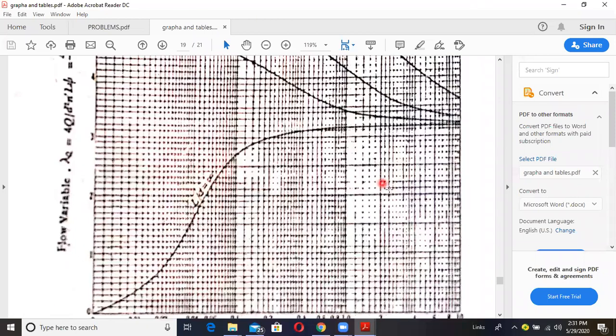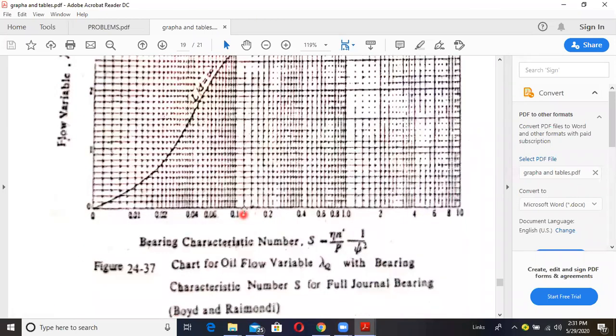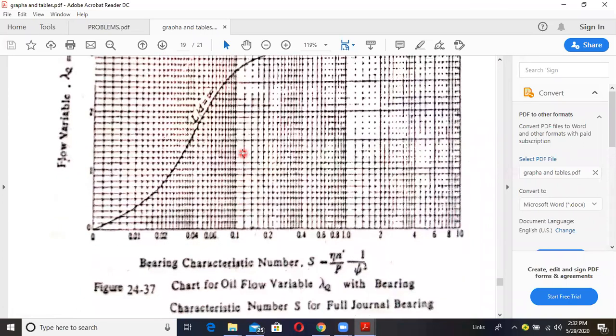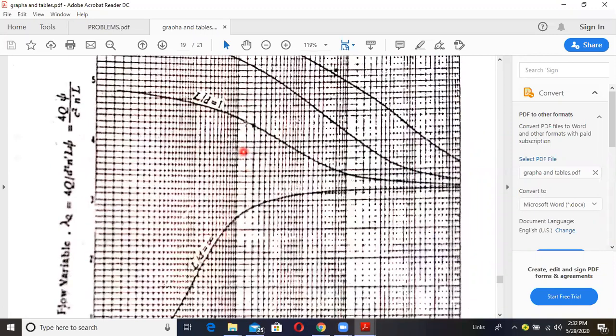Now we know S is equal to 0.125. I will select this curve at 0.125 and move until it touches L by D equal to 1. Now it is touching here.